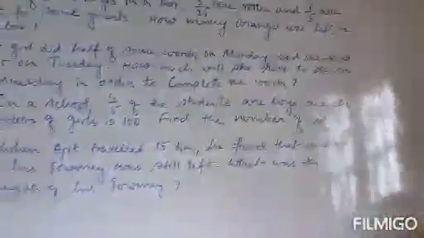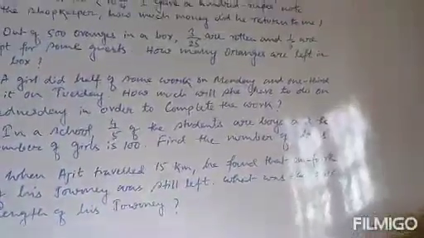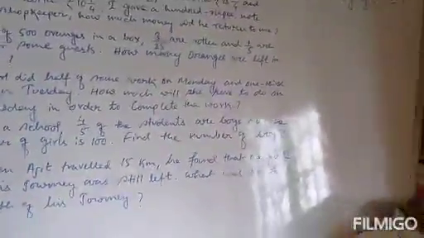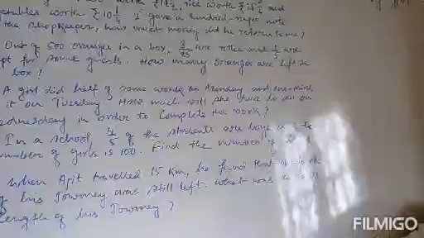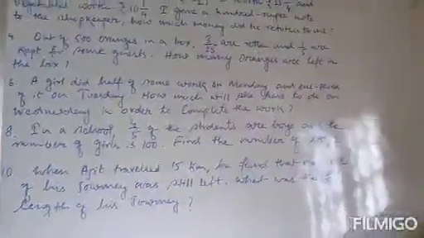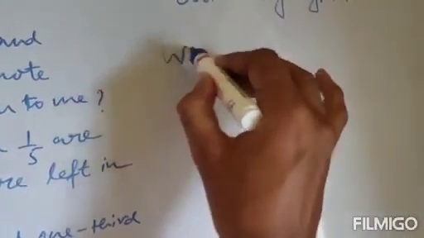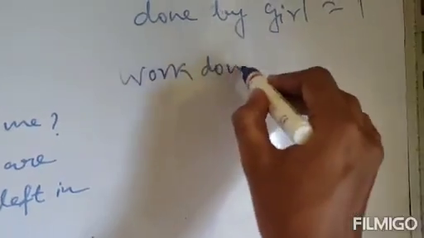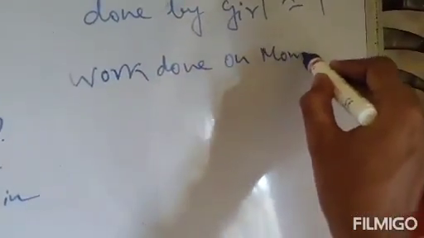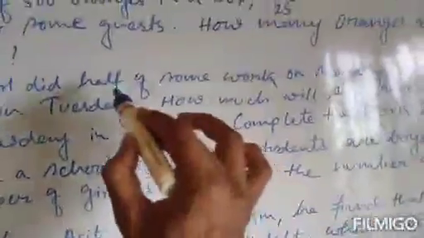There is one part work, and she did half of that work on Monday. That means half of 1, because 1 is the total work. So the work done on Monday is half of 1, because the line clearly says half of some work.